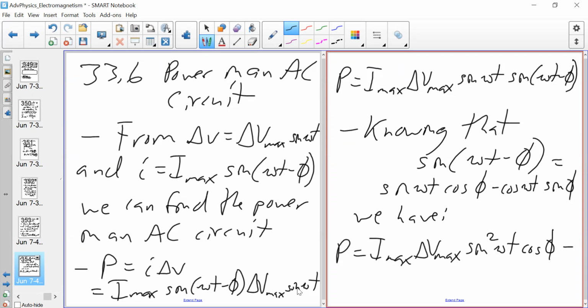There was a sine already outside here, so we have sine squared first and then cosine phi. And then next will be I max delta V max sine omega t cosine omega t sine phi. Again, there was an understood sine omega t out there, and we just multiplied by this part of the identity. Let's simplify that.